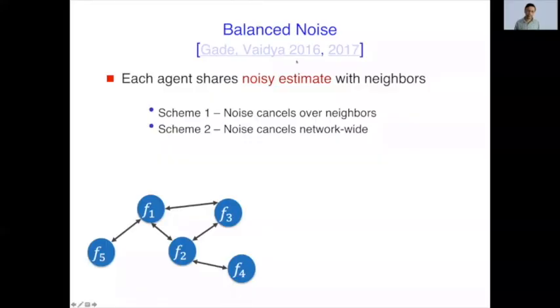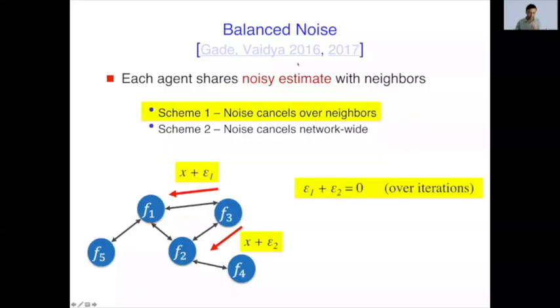Okay, so let's look at one of these schemes where the noise will cancel over the neighbors. We can have other schemes as well, for which I have slides, but maybe I won't talk about them too much. So here is a simple illustration. You have agent 3, as we've seen before. In a given iteration of the algorithm, agent 3 should be sending its current estimate, which I'm calling simply X in this slide, to its neighbors, which are agents 1 and 2 in this example.